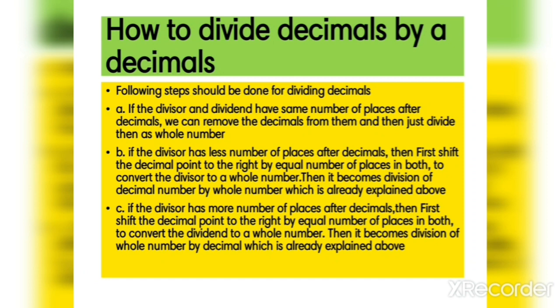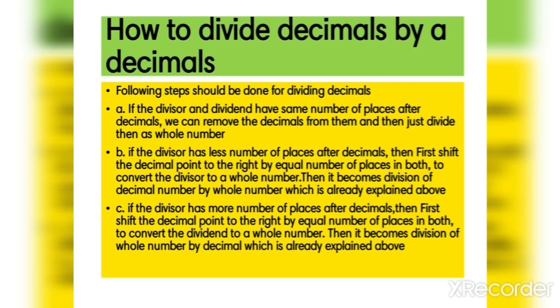If the divisor has fewer places after the decimal, then first shift the decimal point to the right by an equal number of places in both to convert the divisor to a whole number. Then it becomes division of a decimal number by a whole number, which is already explained above.